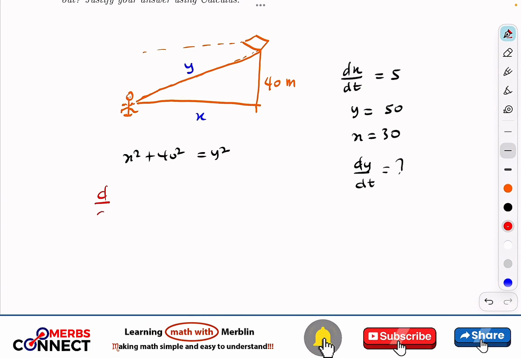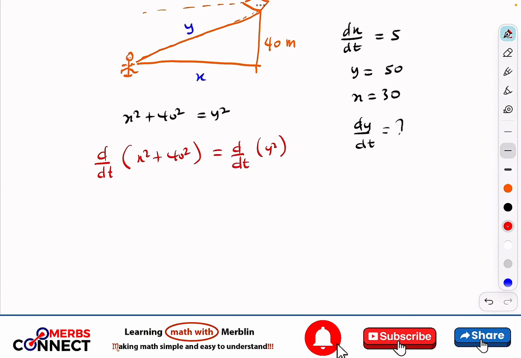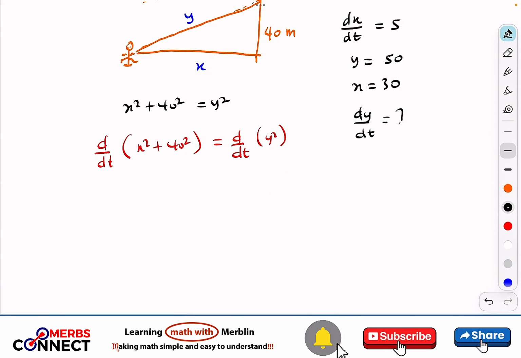So let's take the derivative with respect to t. d over dt of x squared plus 10 squared is equal to d over dt of y squared. This is going to give us 2x dx over dt. When I differentiate 10 squared, I'm going to get 0. Then when I differentiate y squared, I'm going to have 2y dy over dt.